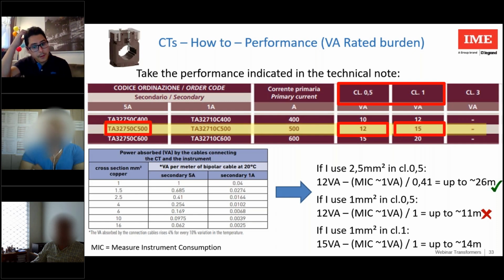But if I use 1 square millimeter in class 1, so 50 volt amps, I remove the measurement instrument consumption of 1 volt amp, divided by 1, the absorption of the 1 millimeter cross-section copper, I arrive at 40 meters, so I am really borderline.